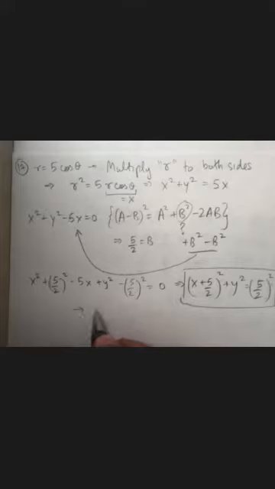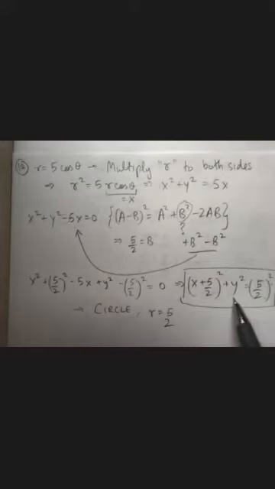So this is a circle with radius 5/2. You see, because x square plus y square is r square. But x is shifted by 5/2 units. So this has a center at negative 5/2, 0.